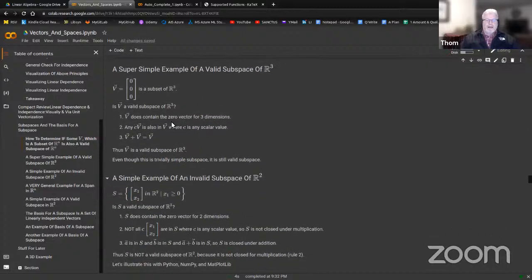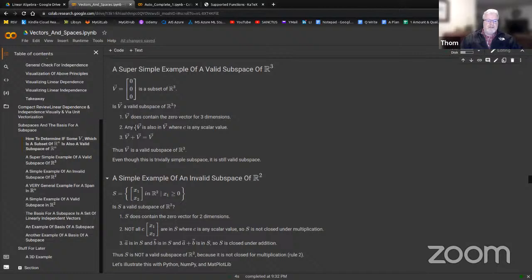So let's go through some super simple examples. Let's start with the simplest example we can do in three-dimensional real space. So here is a subset. Now, it really is this vector V this time. V equals 0 is a subspace of a real number space in 3 dimensions. Well, we're asking, is this a valid subspace? Well, let's check it by those 3 rules above. Does it contain the 0 vector for 3 dimensions? Well, yeah, because it is the 0 vector.